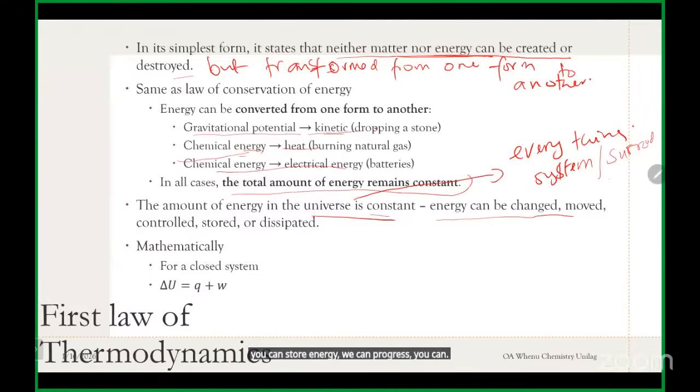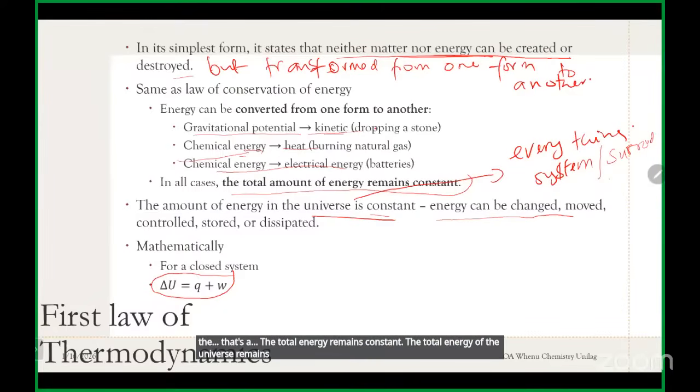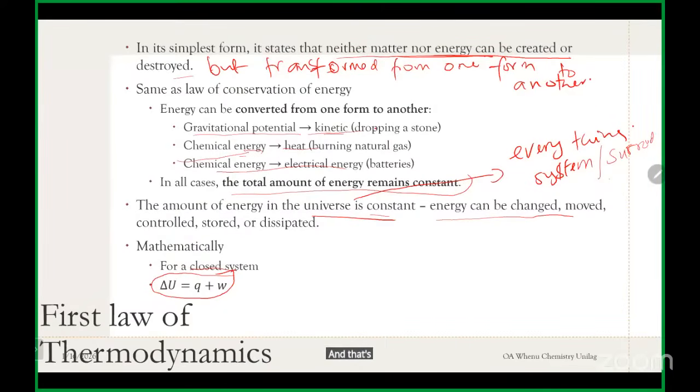Anyway, the mathematical form of defining the first law: the total energy of the universe remains constant, and when you're changing the internal energy, you can change it by supplying heat or by doing work.